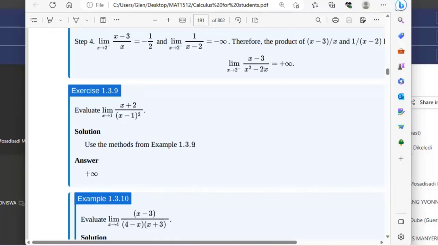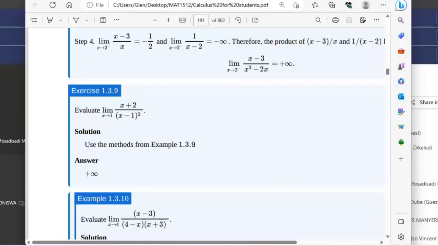Regardless of what Lebo found, if we use, as an example, -5, from (X minus 3)/(4 minus X), we'll get a negative number. Do we agree? Yes, sir. Now let's go to the limit of 1 over X plus 3.